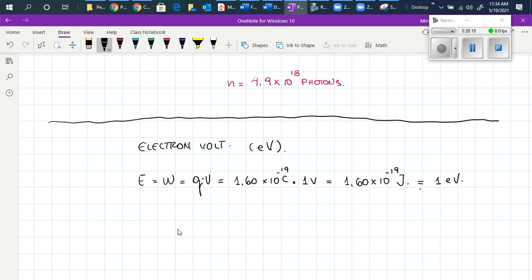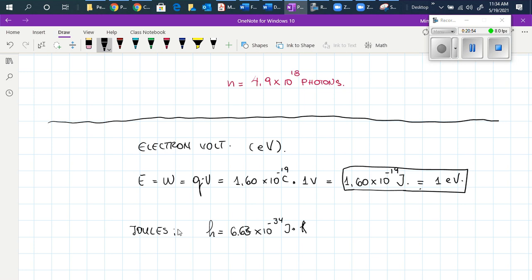Okay, so instead of saying 1.60 times 10 to the power of negative 19, it is easier for us to perceive and understand that we have 1 electron volt. And this is the conversion ratio that we will use. So when we are working with units of joules, h will be 6.63 times 10 to the power of negative 34 joules times seconds.